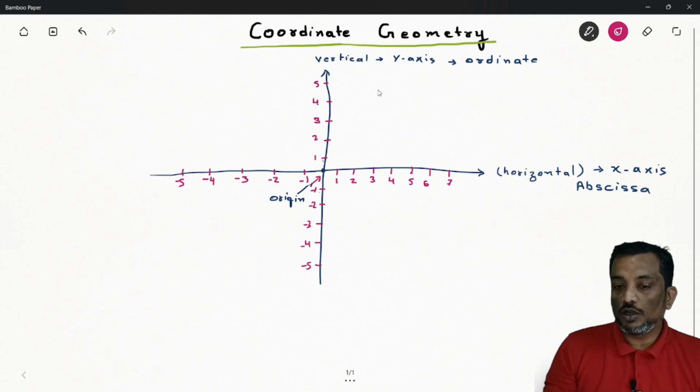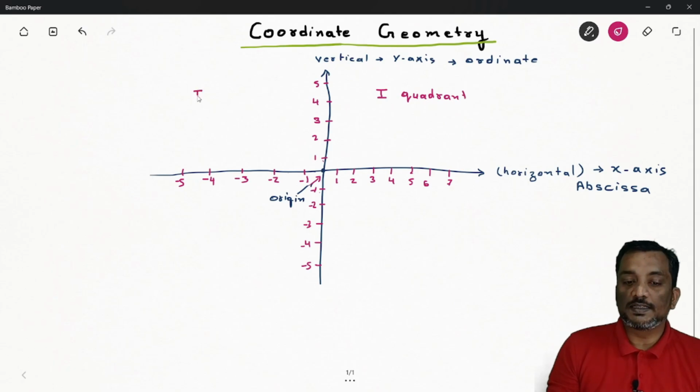This is the first quadrant. This is our second quadrant. Same way, below is the third quadrant.